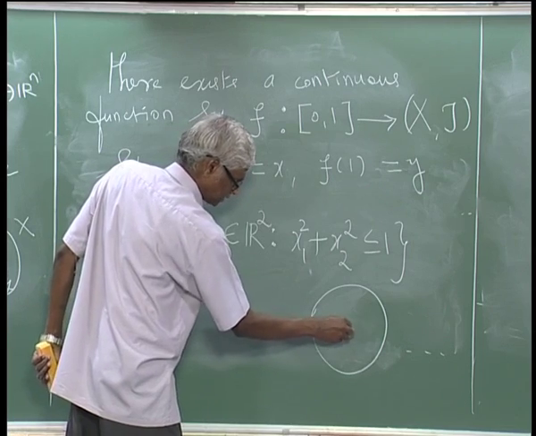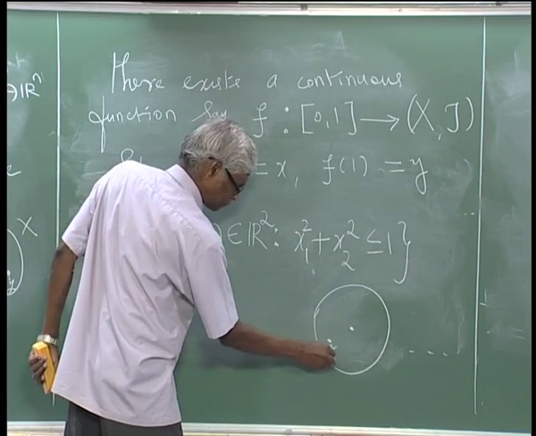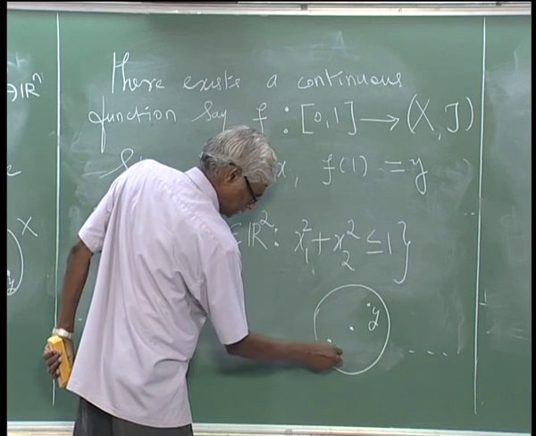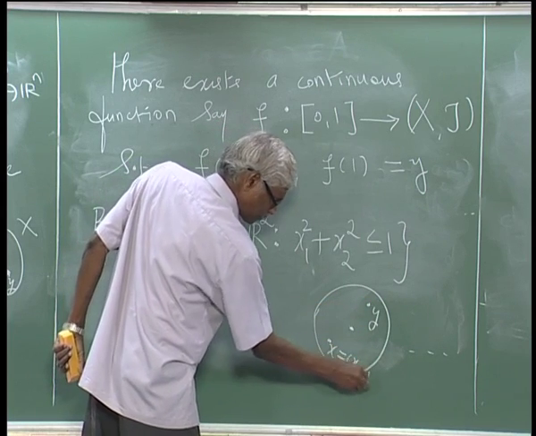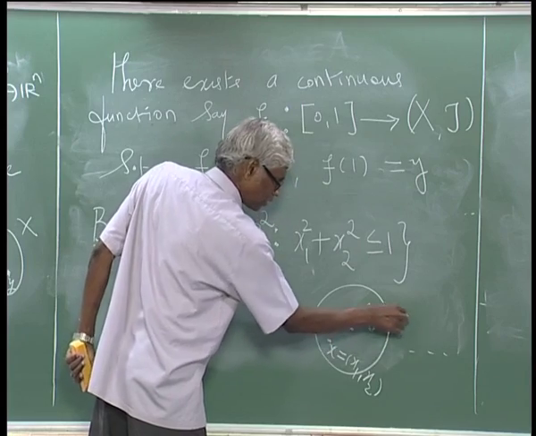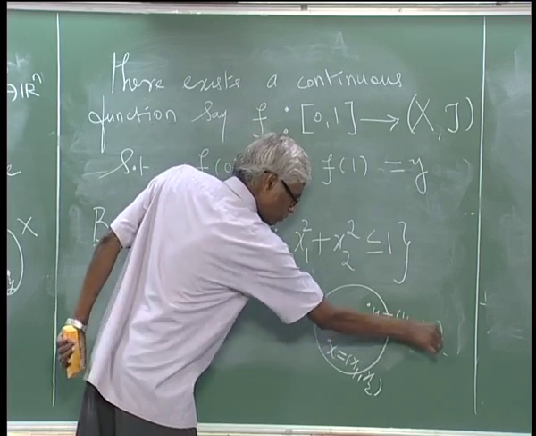Now take any x, the ordered pair (x1, x2), and y equal to the ordered pair (y1, y2).